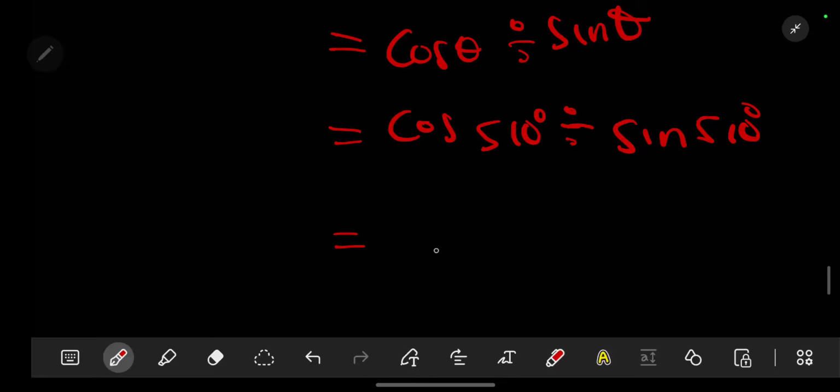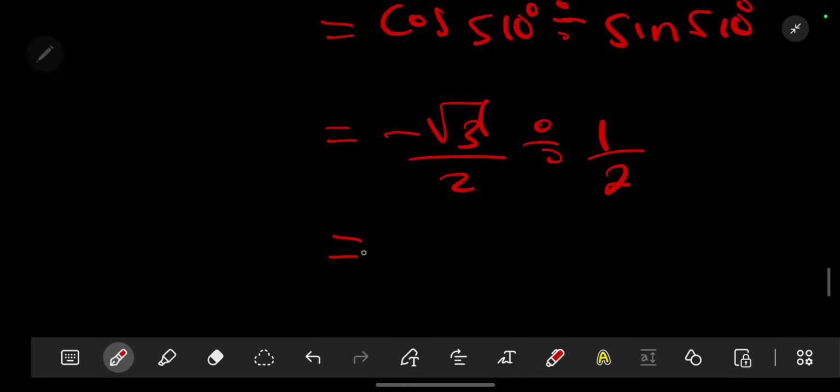So we found the cos of 510 to be equivalent to negative root 3 over 2, divided by our sine of 510, which was equivalent to 1 over 2. So doing the cross multiplication, we are going to get something like this.